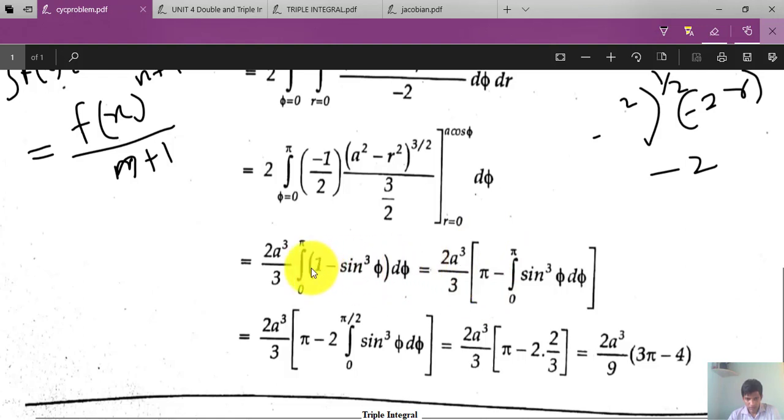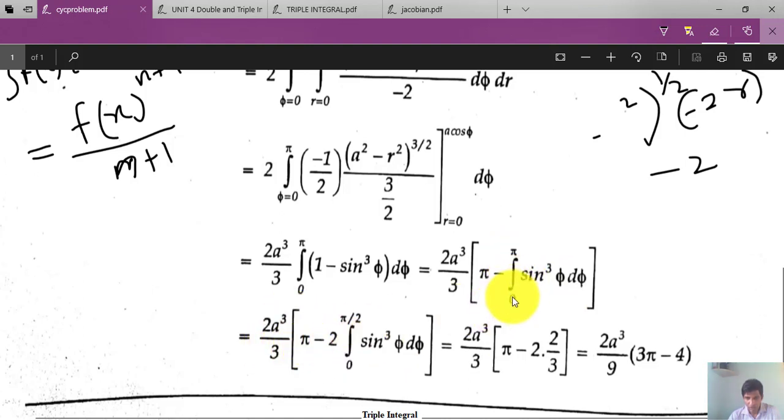So if I take this with respect to phi, upper limit minus lower limit, the lower limit is 0 so I do not write it, it is pi minus the integral over the limit 0 to pi of sine cube phi d phi. So 2a cube divided by 3 into pi minus 2.